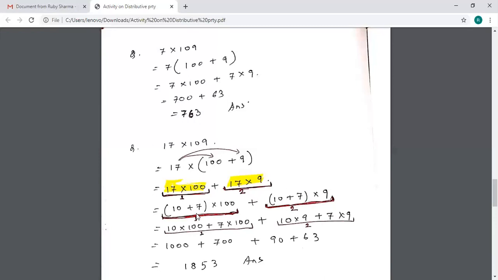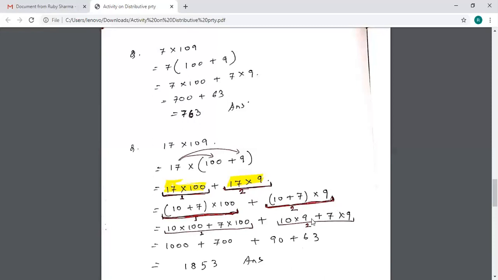So when I get here, see, 10 into 100 plus 7 into 100. 100 is distributed to both. You can write 100 into 10 plus 100 into 7. Then this plus is already there, don't miss out this. Then you have 9 into 10 plus 9 into 7.